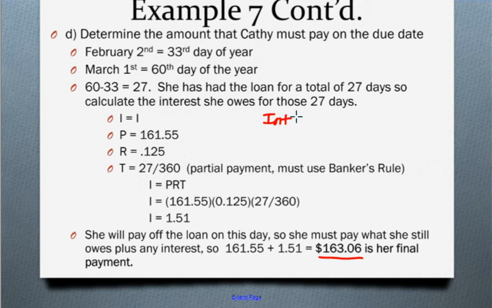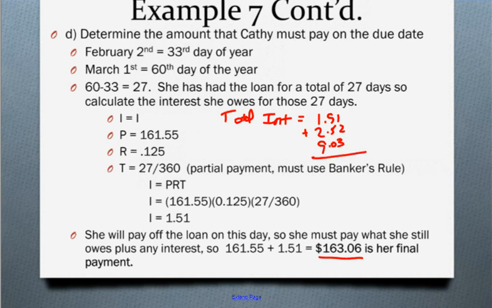Now, the question doesn't ask this, but I'm just going to think about it. How much was her total interest? Her total interest would be the sum of all of the interest amounts, right? Like we could take 1.51 plus she also paid $2.52, and she also paid the first month, I'm looking back through my notes here, $9.03.